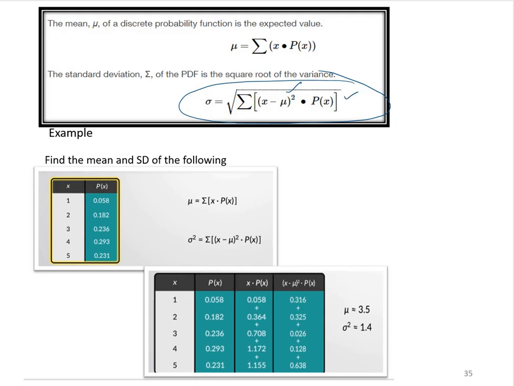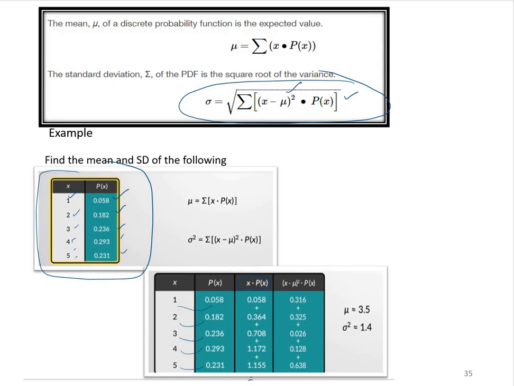For example, say we want the mean and standard deviation of the following. Here x is 1 2 3 4 5 and the probability values are here. To find the mean, we want to find x times p of x. That is the first column. Multiply this one, this one, this one, this one, and then add all these things, and you will get the mean value.